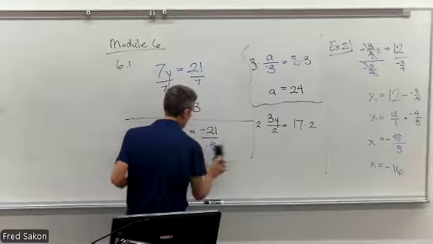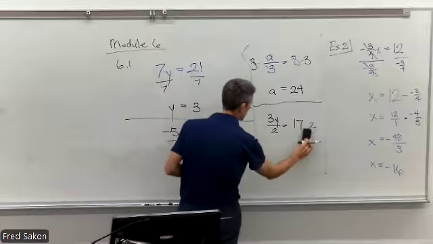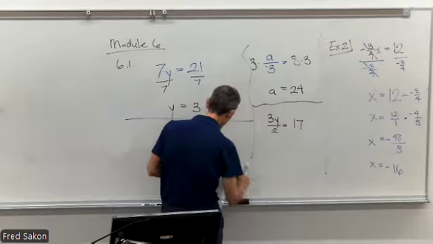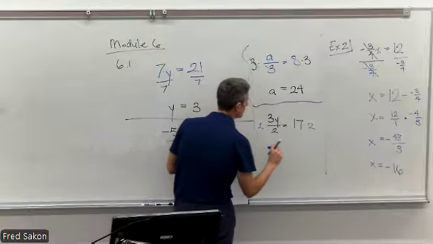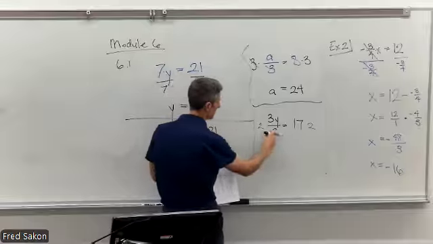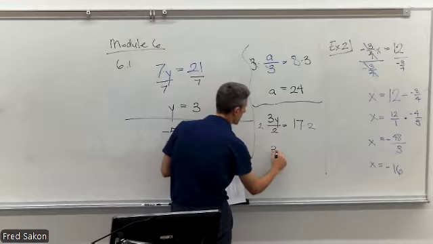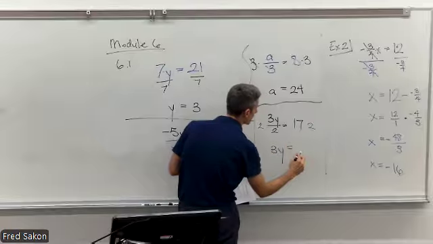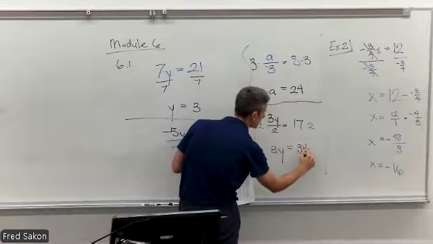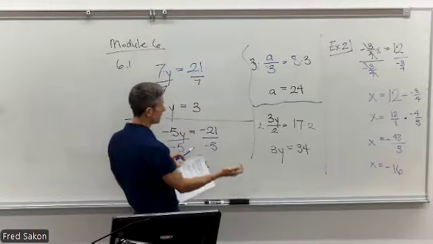And that will get rid of the divided 2 on the left, and I'm left with 3y. And just do this in my calculator and get 34. Now I'm at this stage.